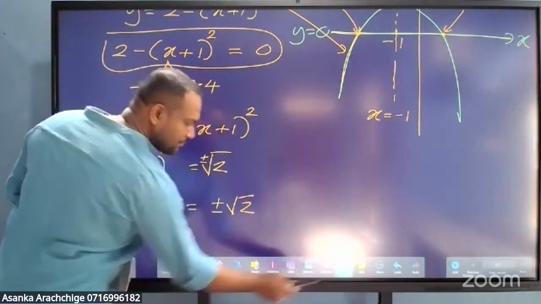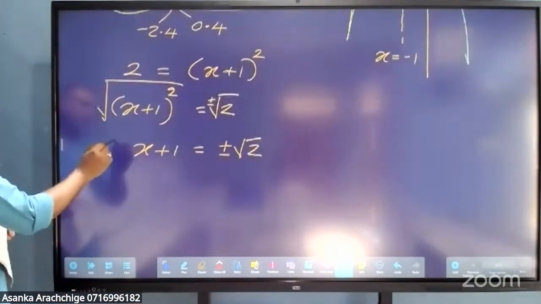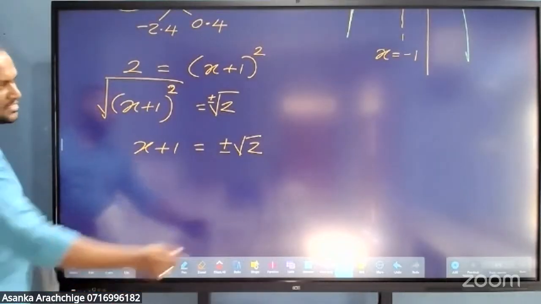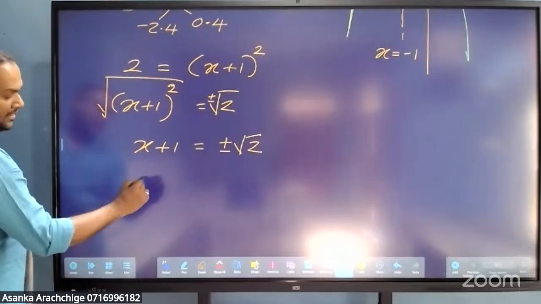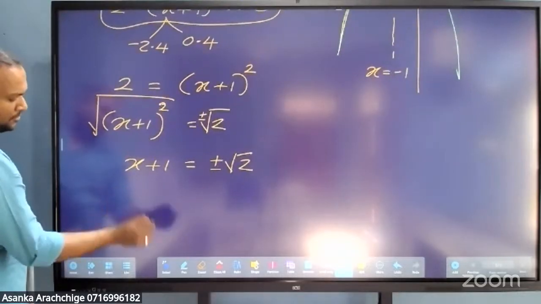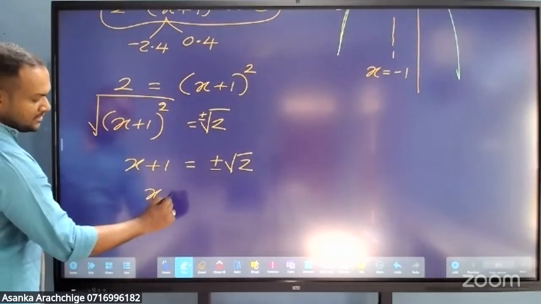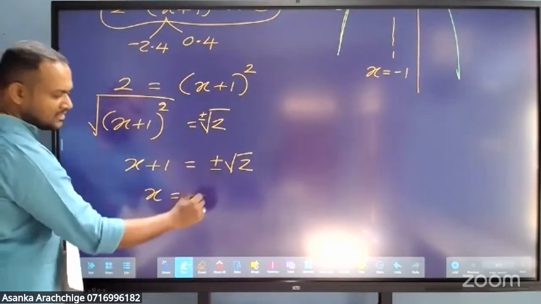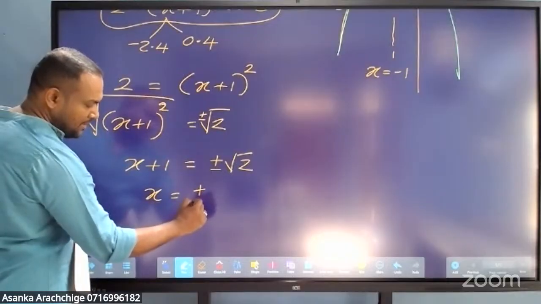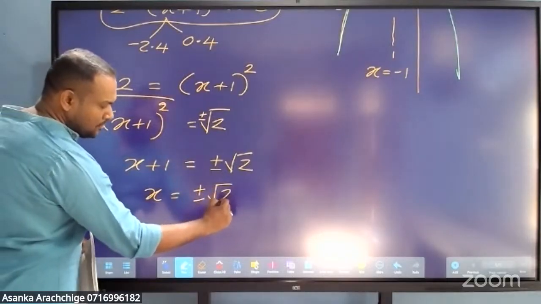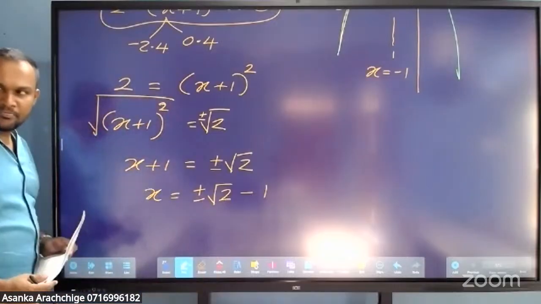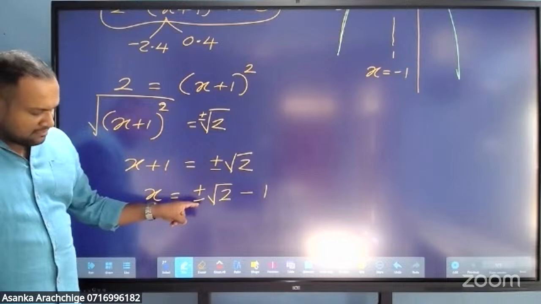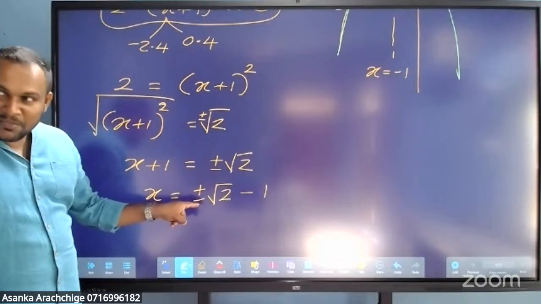Now we have to show the value of x, no? Then x is equal to, you can take this 1 to the other side as minus 1, plus or minus square root of 2 minus 1. One root comes from the positive sign while the other root comes from the negative sign.